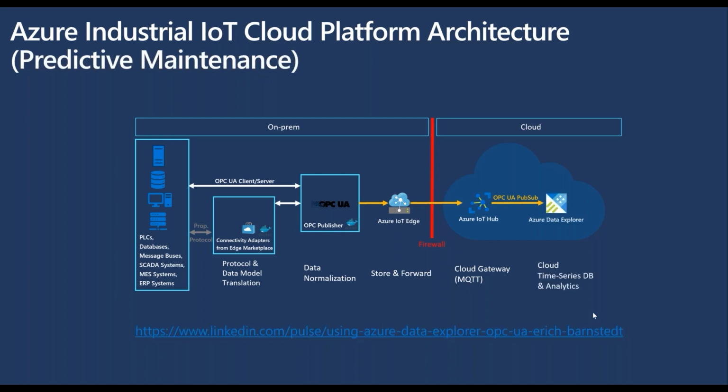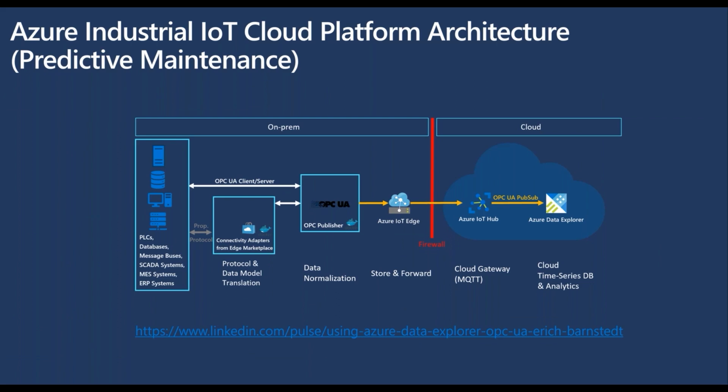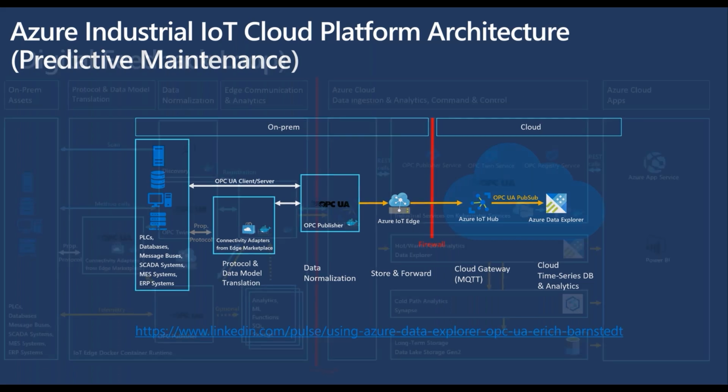In terms of predictive maintenance, not a lot needs to change either. All you really need is a time series database with analytics capabilities, and Azure Data Explorer does that for you. I blogged about this on LinkedIn a while ago, so this is definitely something that is easily achieved, and you can just read the blog post there.